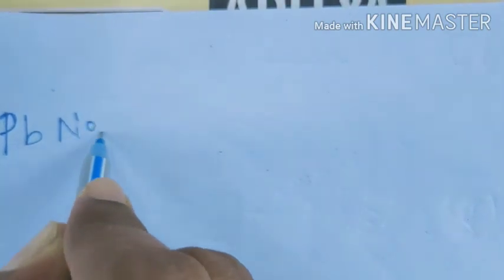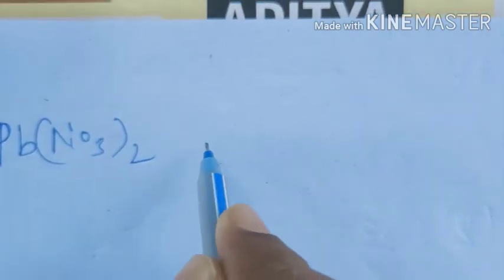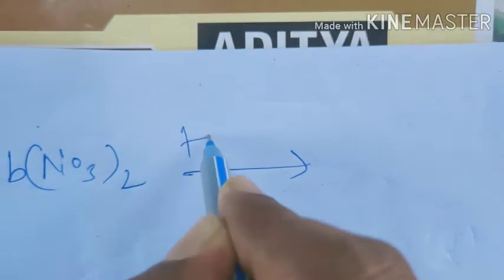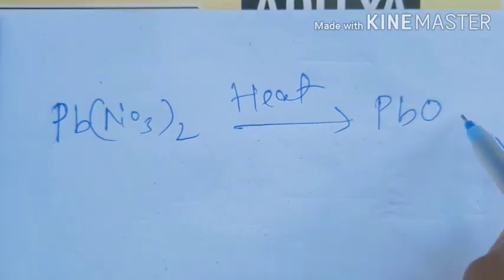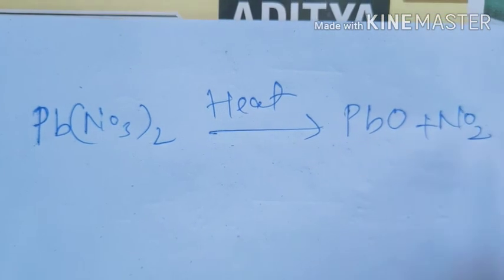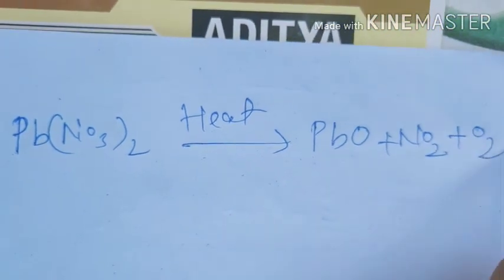Let's take another example of a decomposition reaction. Suppose Pb(NO3)2, when we apply heat upon it, produces PbO plus NO2 plus O2.